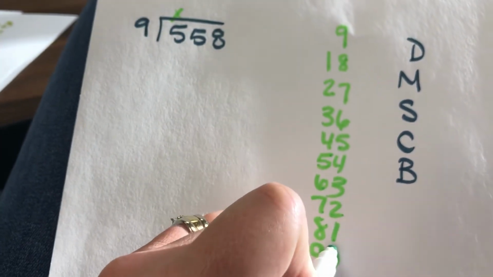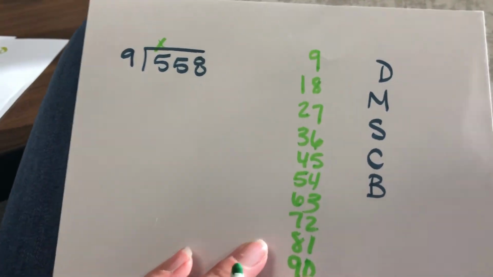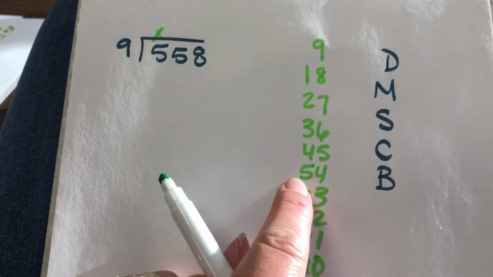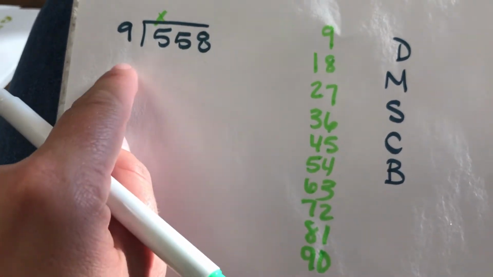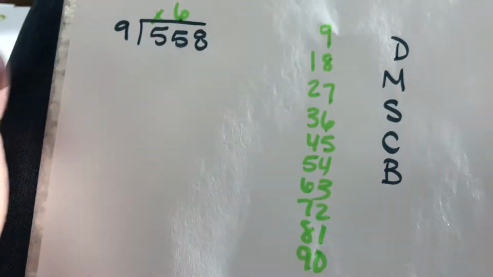Just for me to remember. If you know your multiplication facts, don't worry about listing them. Oh, look, 54. I can get 6 groups out of 55. 6 groups. So that's my division step.